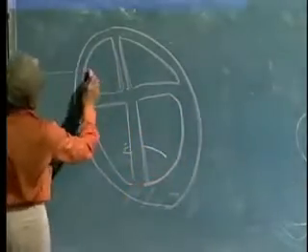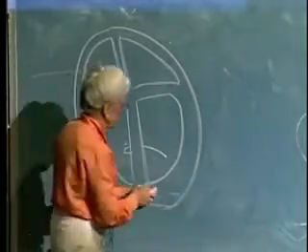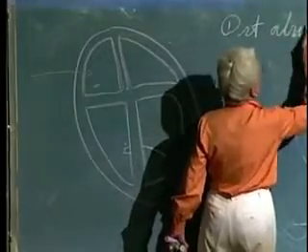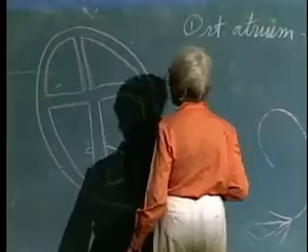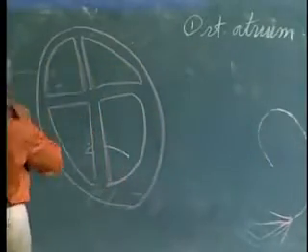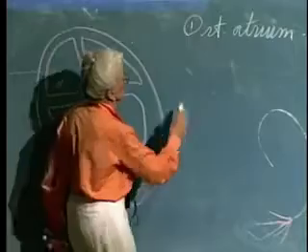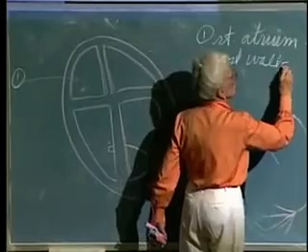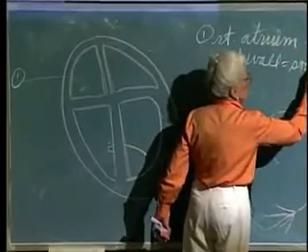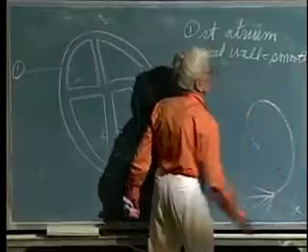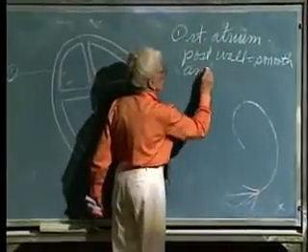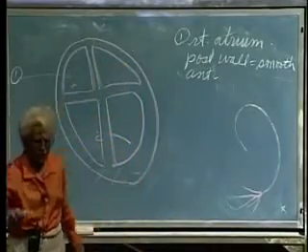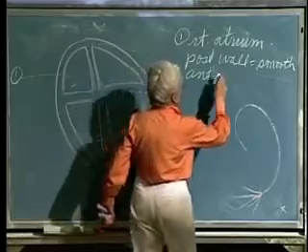So this one is the right atrium. The posterior wall of the right atrium will be smooth. The anterior wall of the right atrium will have folds of myocardium in the wall.